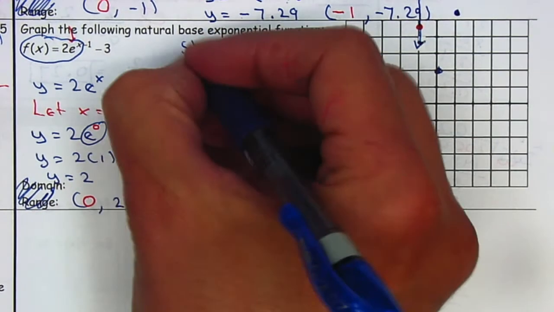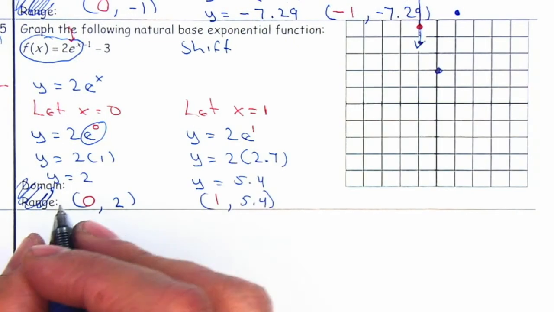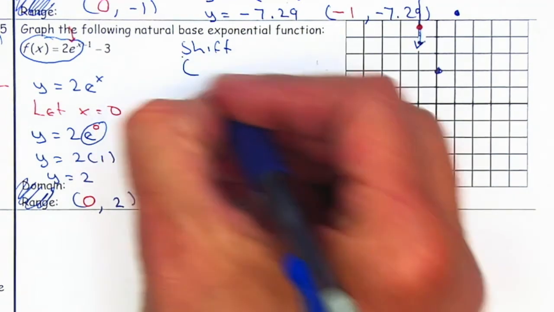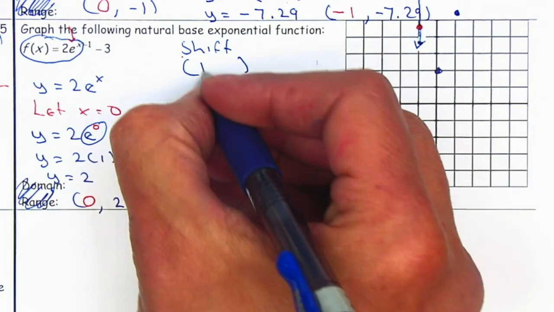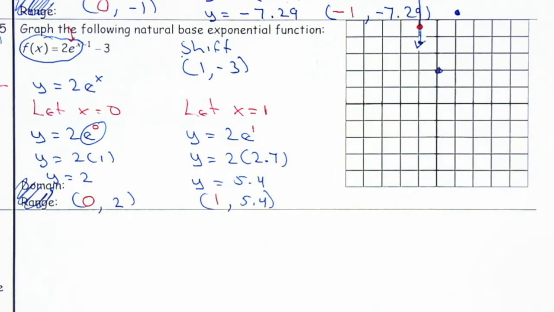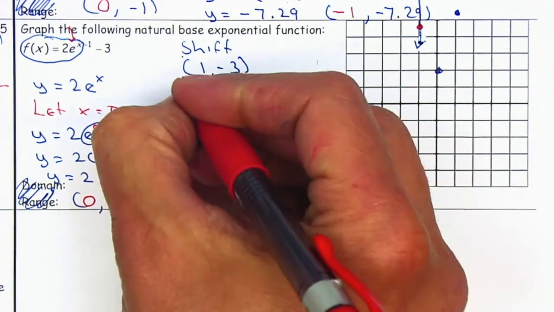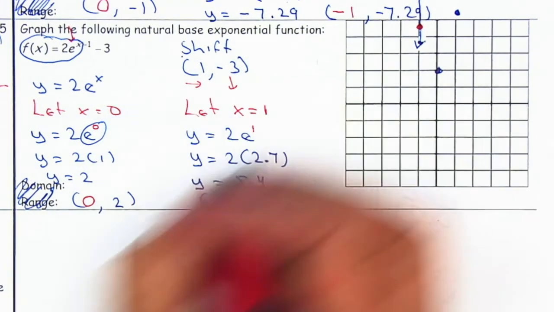Now I'm going to deal with my shift. My shift will be positive 1, remember your h is the opposite, and negative 3. So each point will be moved to the right 1 and down 3.